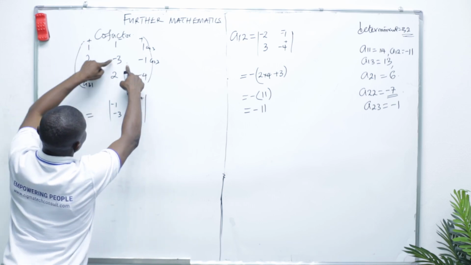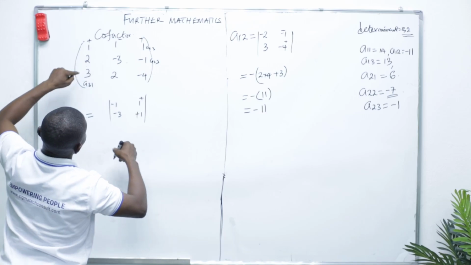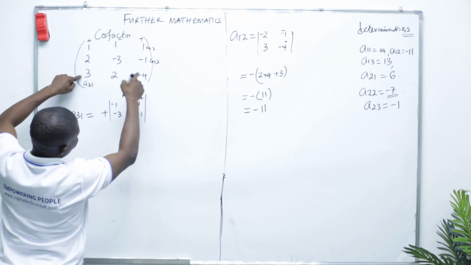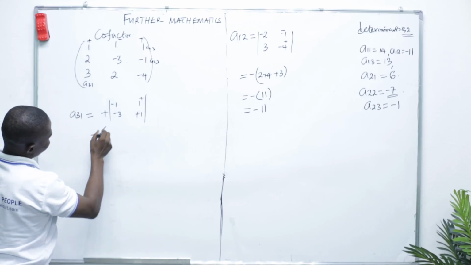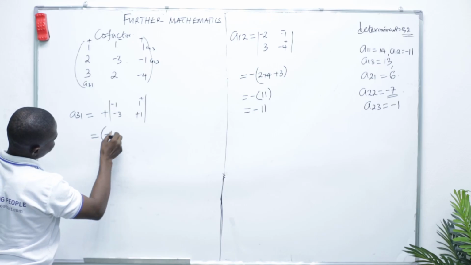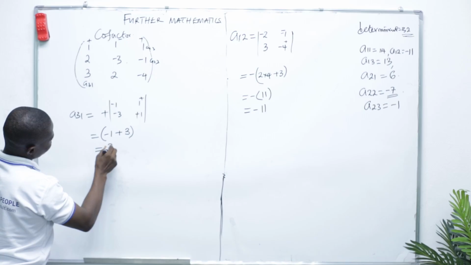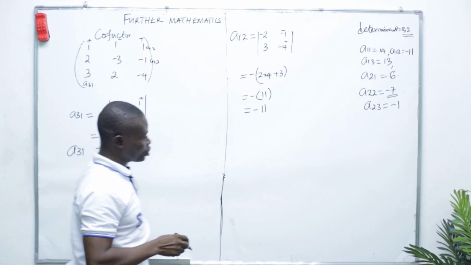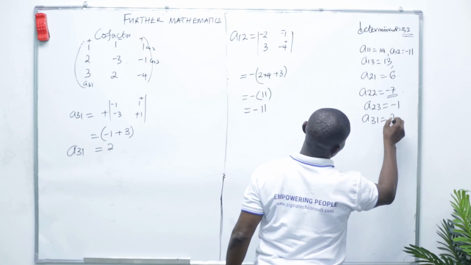Plus, minus, plus. We will have minus 1 plus 3 to give us 2. So A31 equals 2.